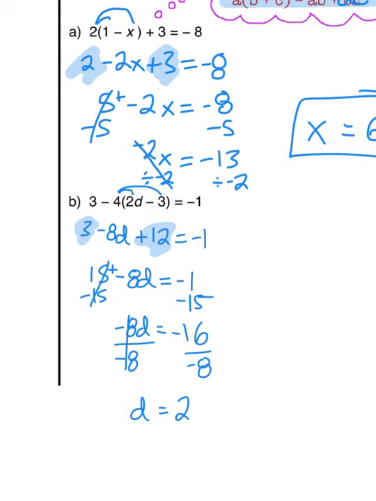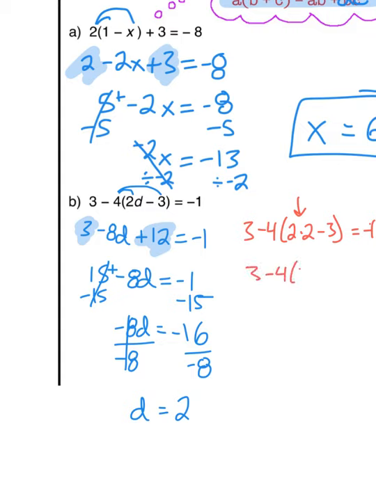And now we could check this. I'll do it in a different color so you can see. We'll check it by plugging 2 into the original equation. So I have 3 minus 4 times (2 times 2 minus 3) equals negative 1. If we're starting with order of operations, we start here, 2 times 2.